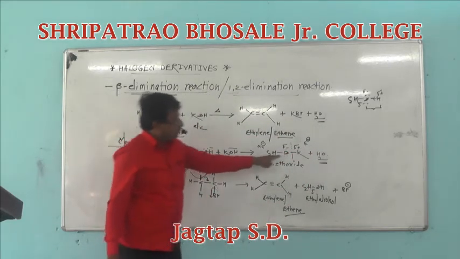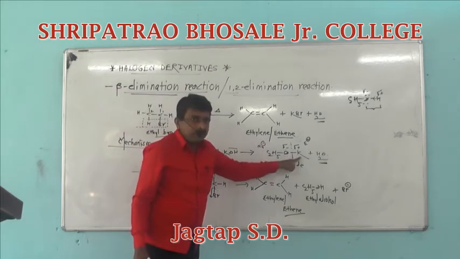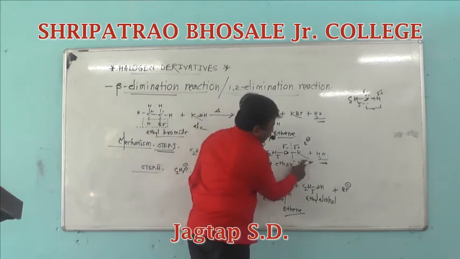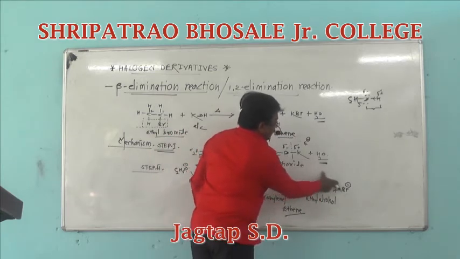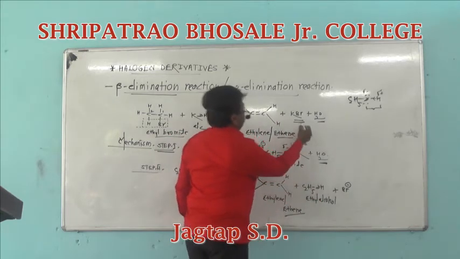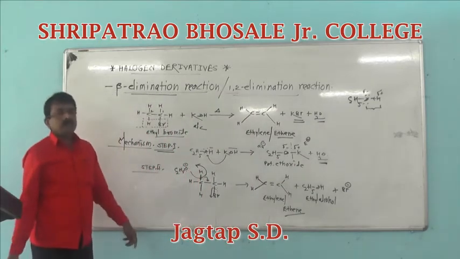In the first step, the electrophile K+, that is potassium carrying a partial positive charge, immediately reacts with the nucleophile and is eliminated as KBr, potassium bromide.